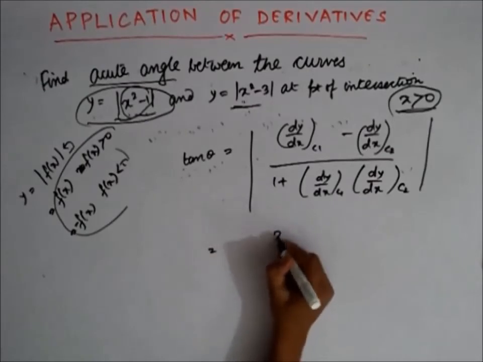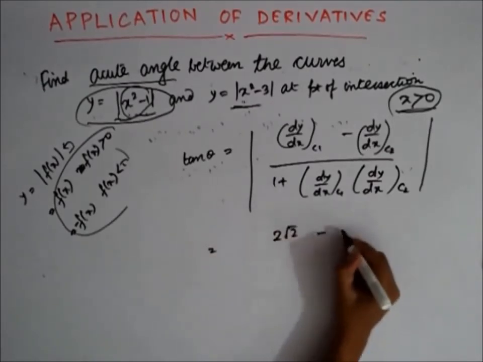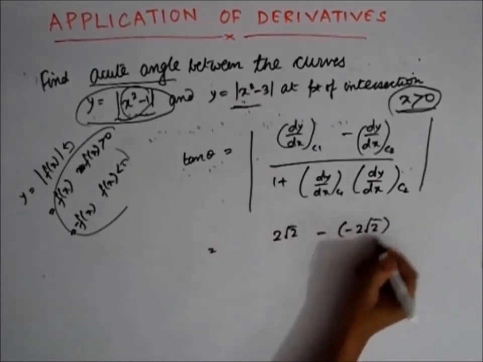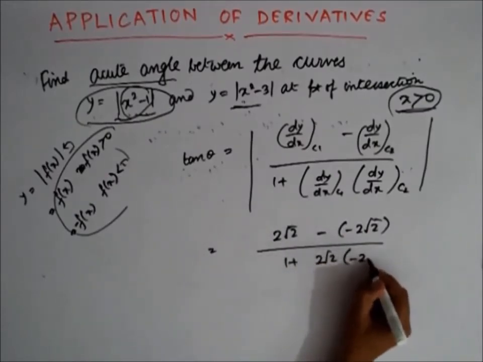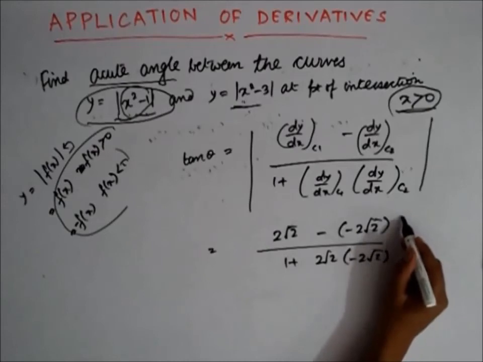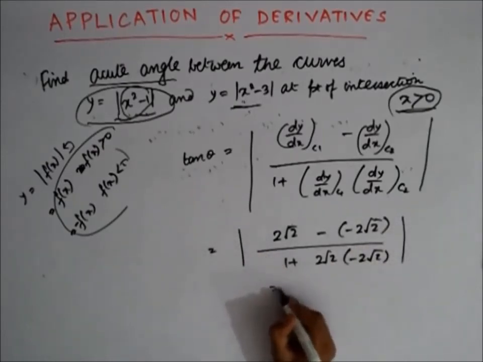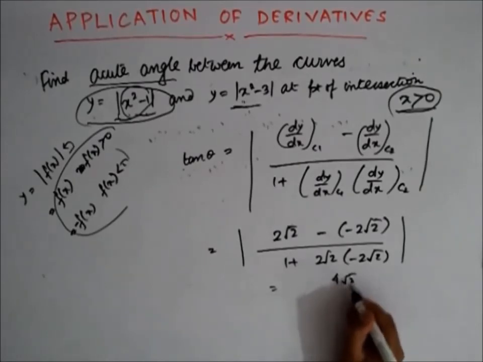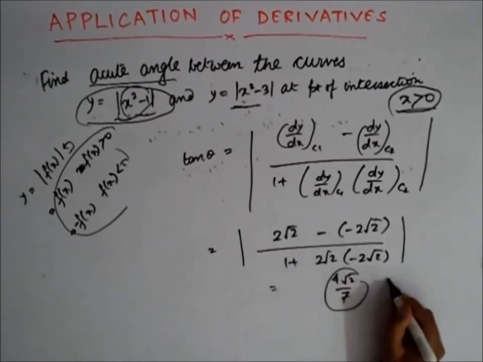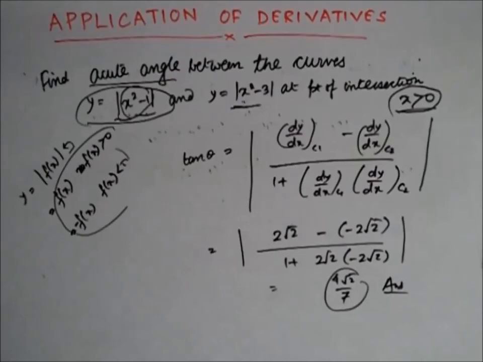Okay, put the values. 2 root 2 minus of minus 2 root 2, over 1 plus 2 root 2 times minus 2 root 2, mod. So you get this as 4 root 2 by 7. So my answer is 4 root 2 by 7. Okay.